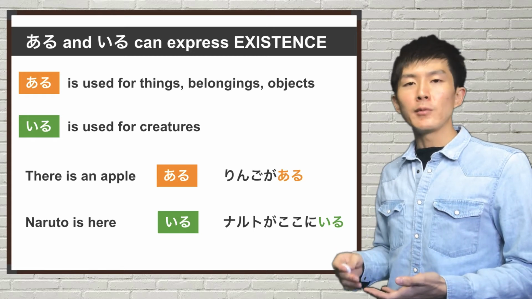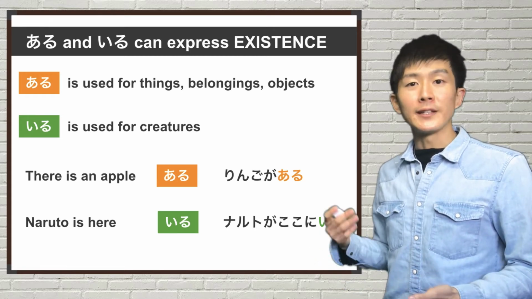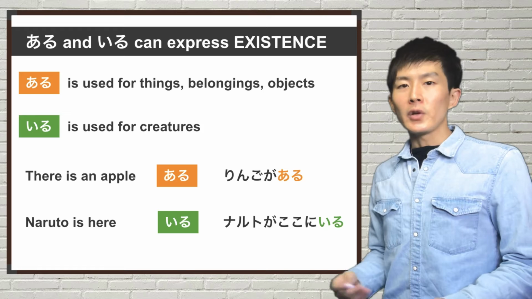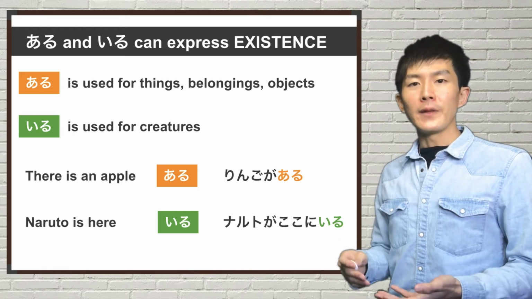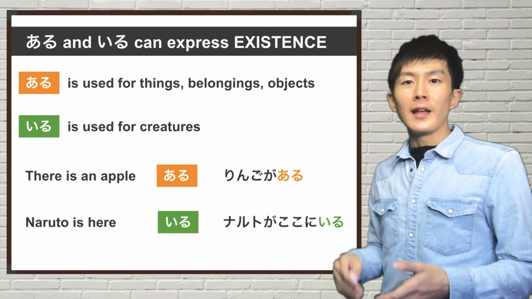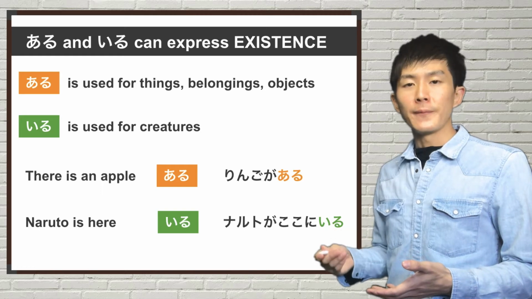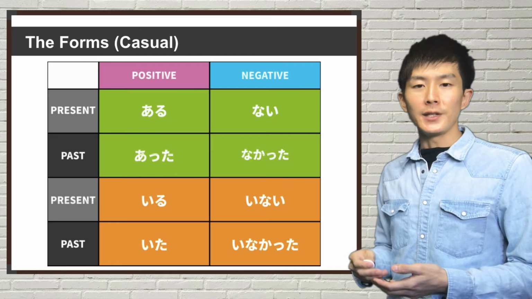Okay, so before we move on to the next, to see the example sentences, I would like to show you the forms of ある and いる because they change depending on the situation. The forms is here.